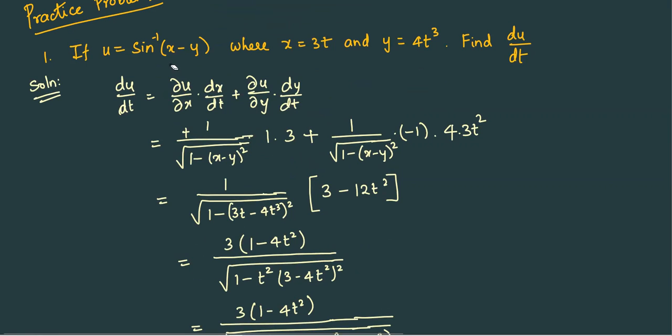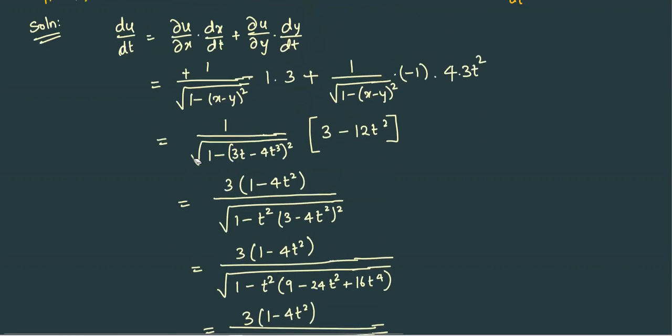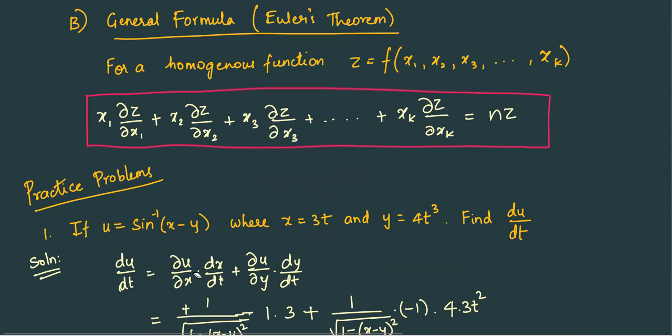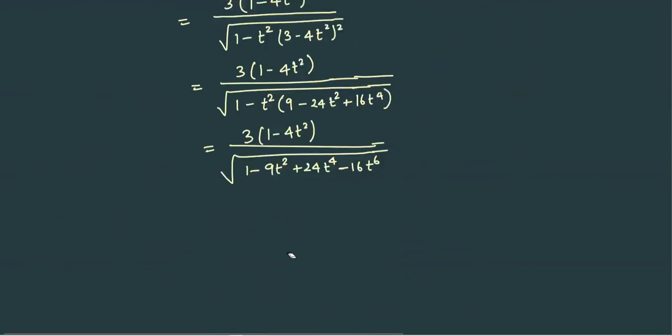So, one other method is to write x as 3t and y as 4t cube and then differentiate. Then directly you get a function of t, and then it is just like the derivative of a function. So u is sine inverse of x minus y, which is sine inverse of 3t minus 4t cube.